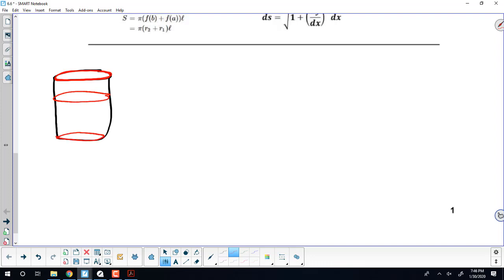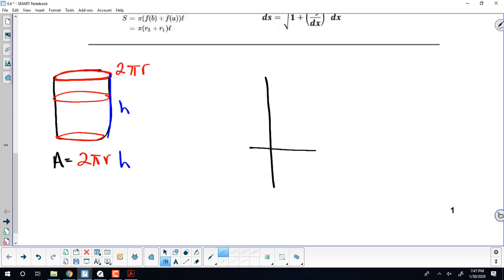If we just take that linear dimension, which is just the circumference of the circle, and then we multiply it by this linear dimension here, and we have the area. 2 pi r times h is the area.